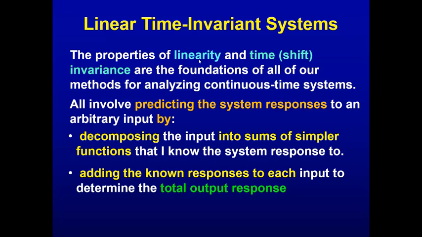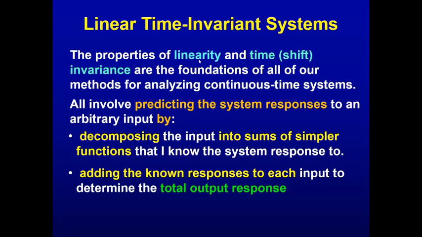Because if I can do that, then I can use additivity, and I can use homogeneity, and I can use time invariance together to take my collection of simple inputs whose responses I know, scale them, shift them, and add them up to determine the total response of the system to my more complicated signal. And that's going to be an approach we use several times over.